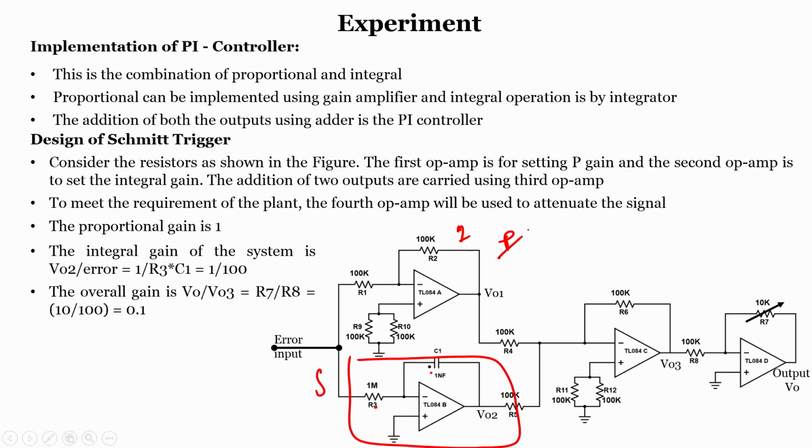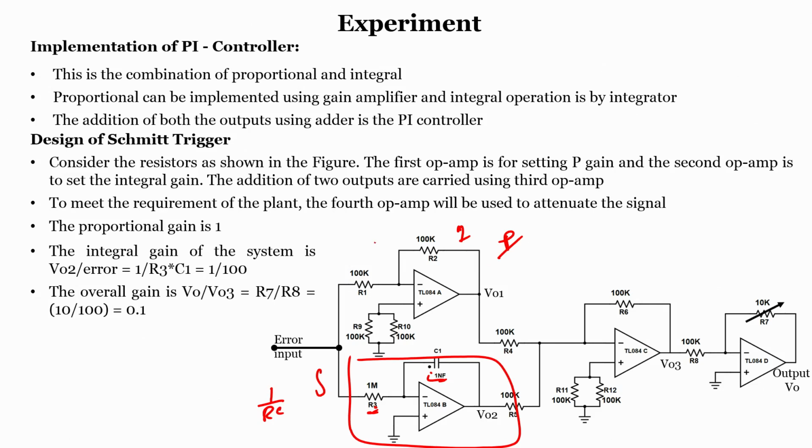I got P with a gain of 1 and I got the integrator, and the time factor entirely depends upon the resistor that we have chosen, which is nothing but 1 by RC, which is the Ki, the integral gain.